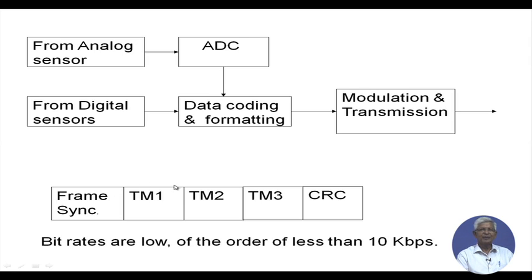The frames will have a header which says this is the beginning of the frame, called frame synchronization bits, and then you can have telemetry words like TM1, TM2, TM3, and then there may be an error detection and correction code like CRC code, etc. So, generally this is the form of a telemetry frame.